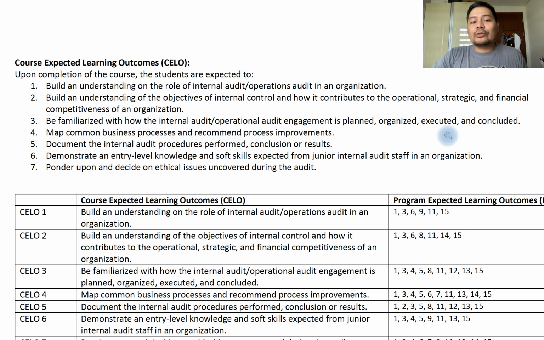So you see the importance of internal control, kasi siya yung talagang magdadala kung gaano kaganda yung benefit to the company, paano matutulungan yung company in terms of its operational, strategic and financial competitiveness.